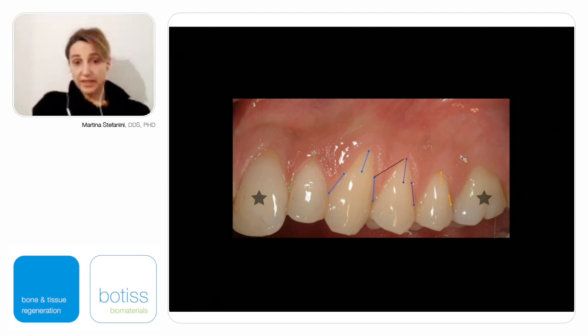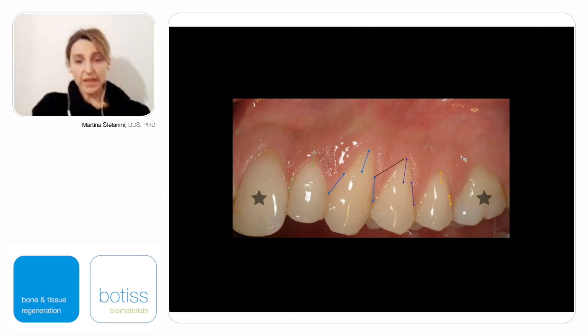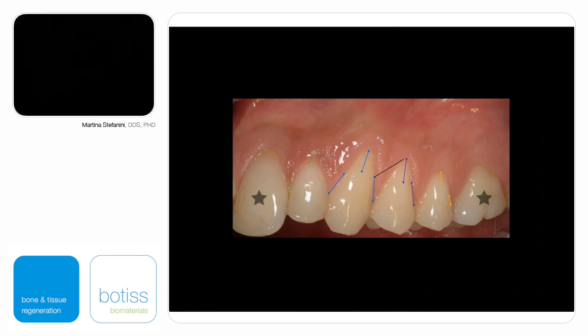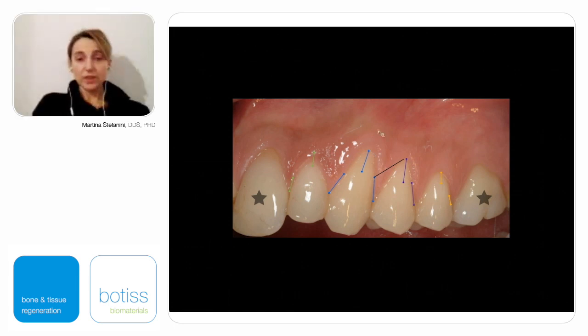And now we can trace this oblique interdental incision starting from the gingival margin of the premolar and directed toward the central axis of the flap that is represented by the canine.